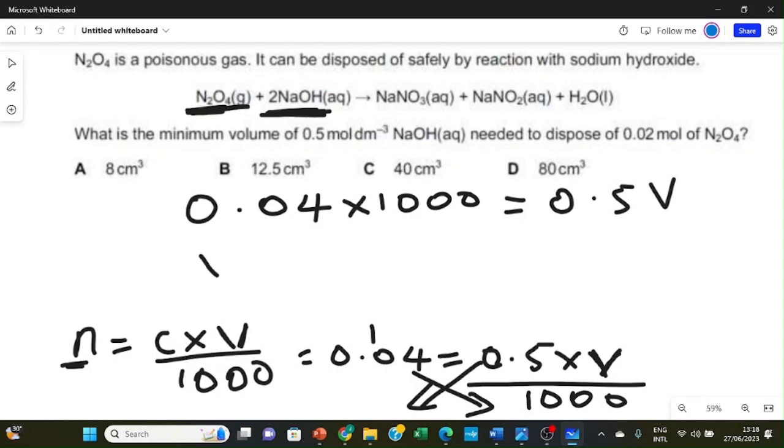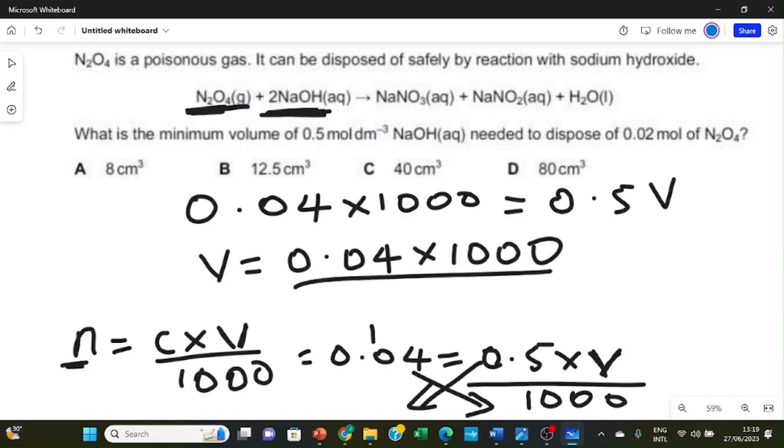So the volume will be equal to 0.04 times 1000 divided by 0.5, which is equal to 80.